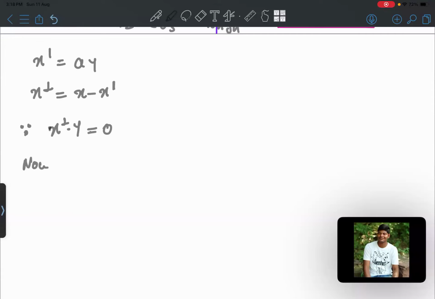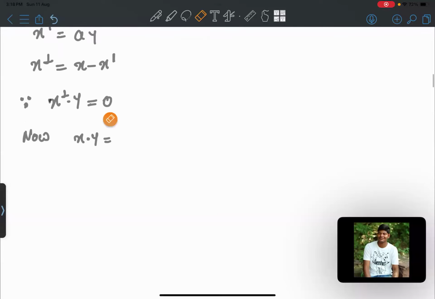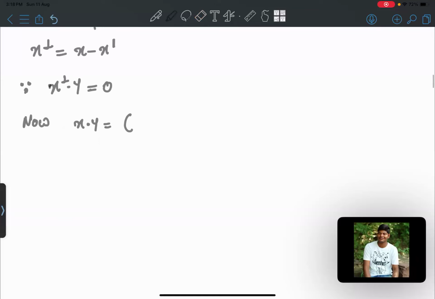Now if I write x dot y, that can also be written as x parallel plus x perpendicular, multiplied by y. That will give me what?